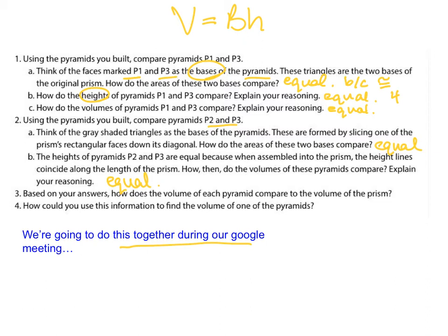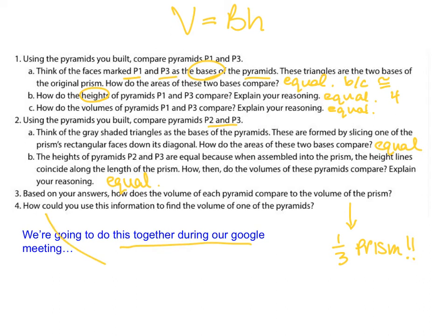Number 3, based on your answers, how do the volumes of each pyramid compare to the volume of the prism? They're all 1/3 of the prism. Okay, the volumes of each pyramid are 1/3 of the volume of the prism.